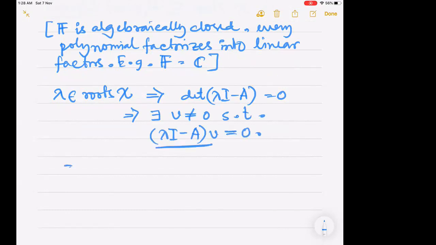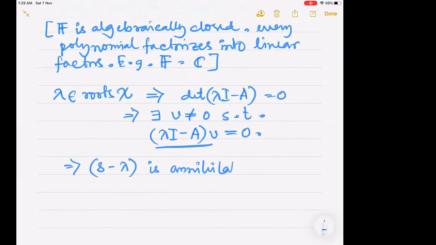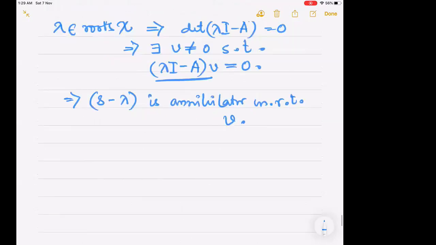But this means what? This means s minus lambda is an annihilator with respect to this non-zero vector v, and of course v is non-zero, so no smaller degree polynomial kills it.